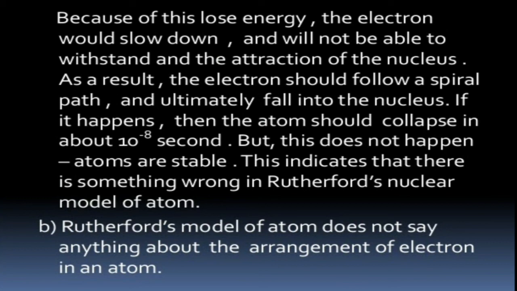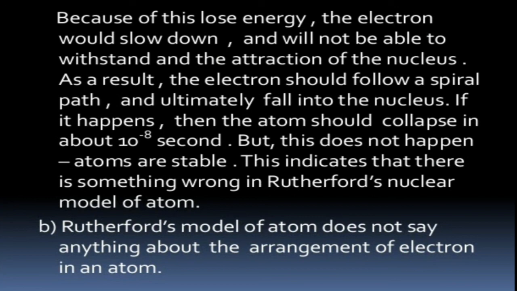Not being able to withstand the attraction of the nucleus means that finally the electron, losing all its energy, will fall into the nucleus. That means the electron collapses into the nucleus, and the calculation shows that it should happen within a time of 10 raised to minus 8 second. That means the atom should collapse in 10 raised to minus 8 second.